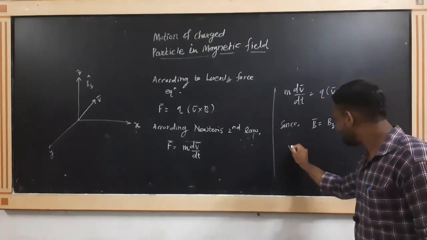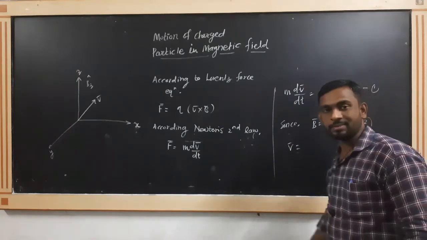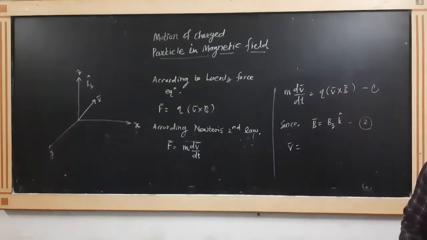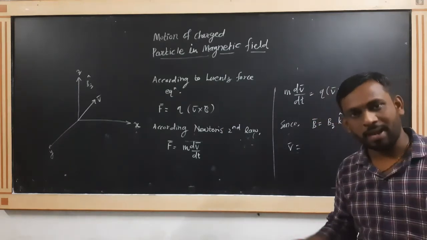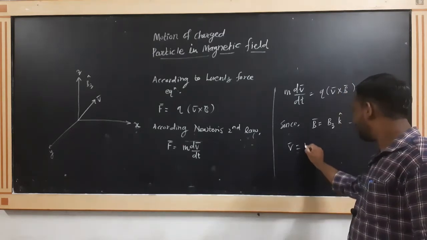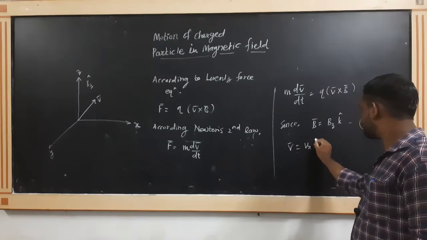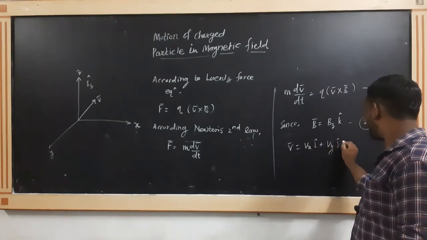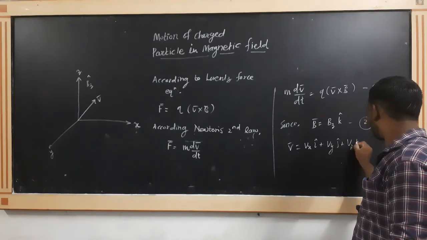And what is the velocity? The velocity is in three dimensions, so it has an x component, a y component, and a z component. So V bar is equal to Vx i cap plus Vy j cap plus Vz k cap.